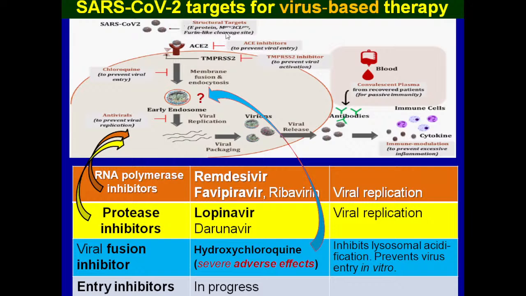We can see that there are some structural targets in the virus itself and the ability to prevent viral entry by blocking the ACE inhibitors. A very important treatment is convalescent patients' plasma. That is a very good thing.